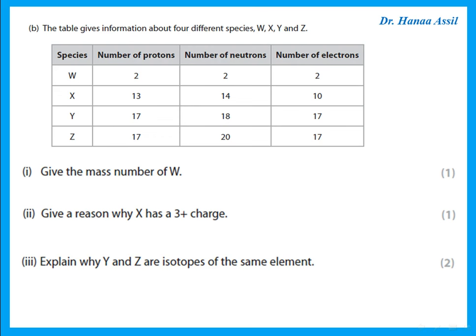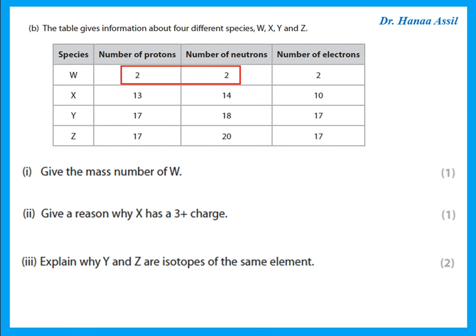Then he gives a table, and he says the table gives information about 4 different species. Give the mass number of W. How do we get mass number? You should know, mass number is the number of protons plus neutrons. So we have 2 protons, 2 neutrons. That means the mass number of this atom is 4.